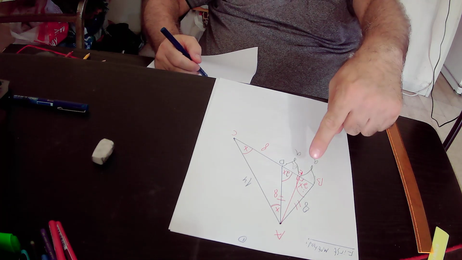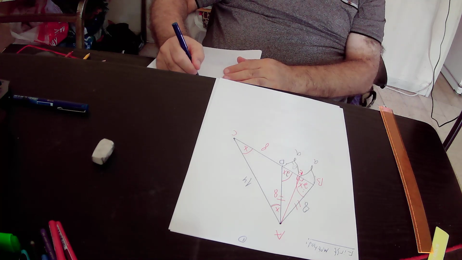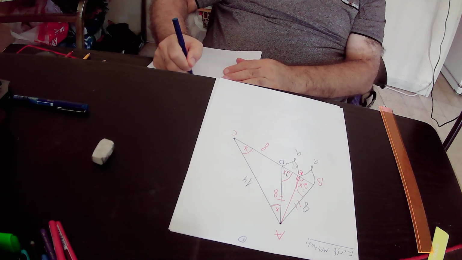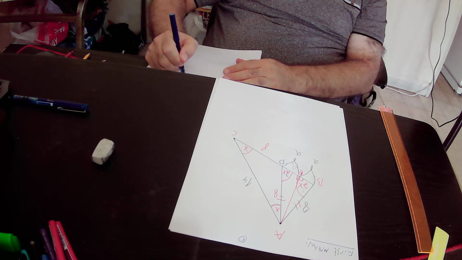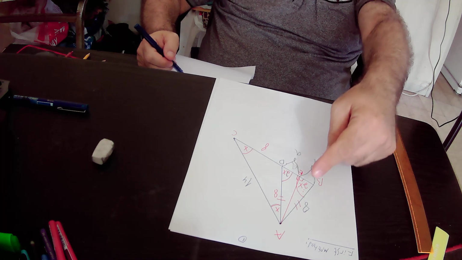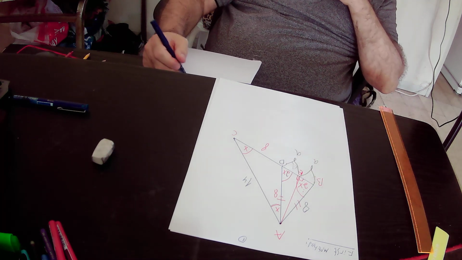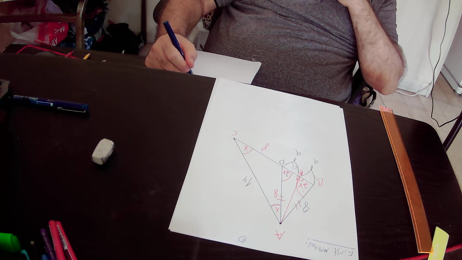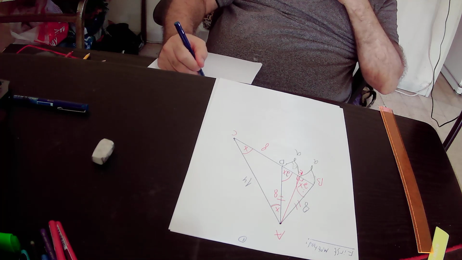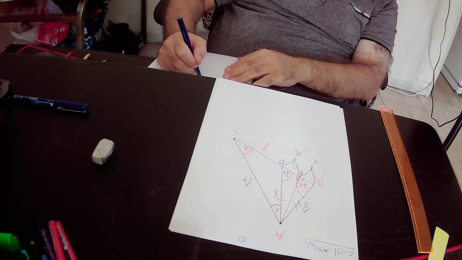It equals 90 degrees. Therefore triangle AEB is a right triangle. This triangle is a right triangle.